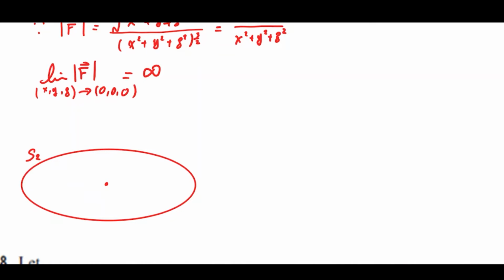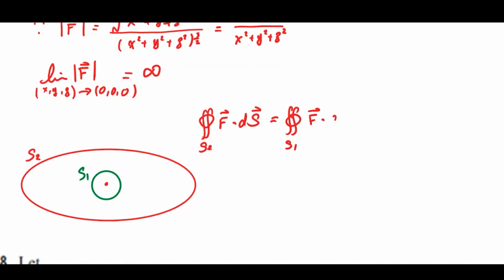Now, if I draw another surface around the origin, and I call that S1. If I take the flux integral of this thing over S2 of F dot dS, would that be the same thing as the flux integral over S1 of F dot dS?